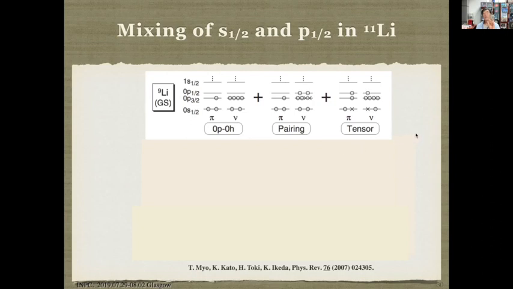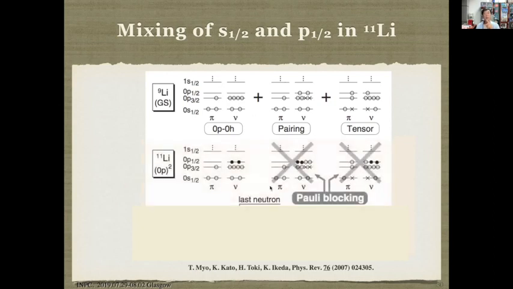Now, you want to add 2 neutrons to lithium-9. And in this case, the S wave is pretty high, I mean, the next major shell. If you put neutrons in P1/2, one is that you also block the pairing interaction because it's a completely filled, closed shell, with no pairing interaction.